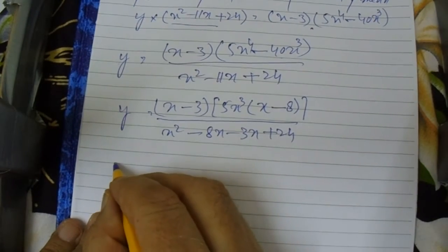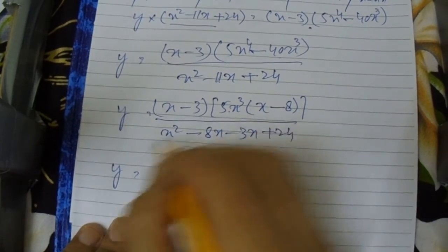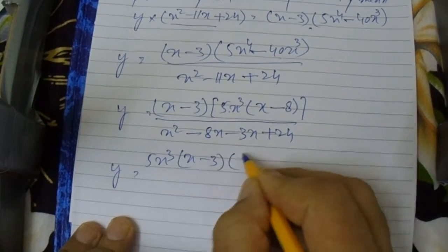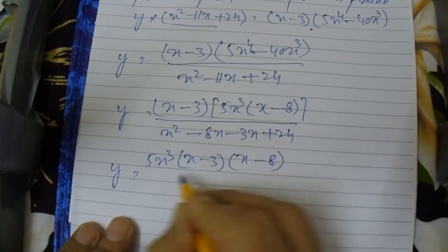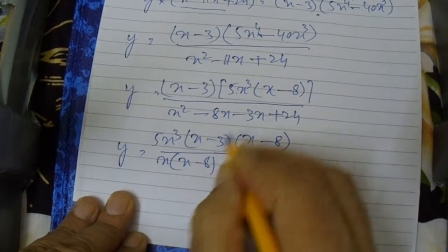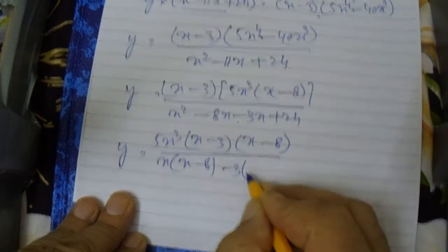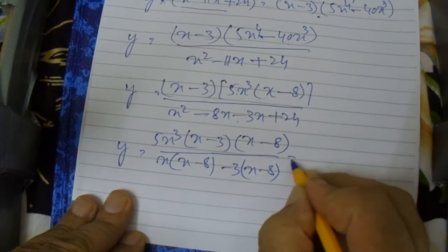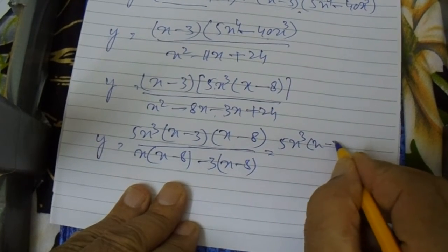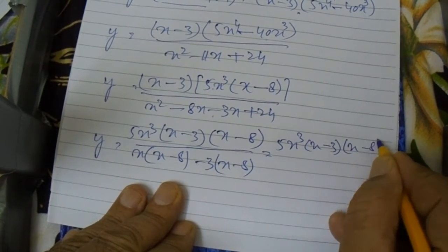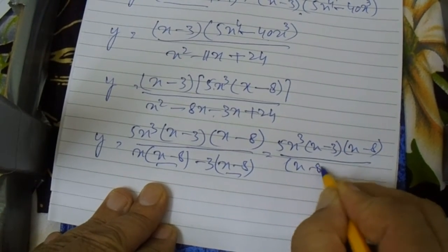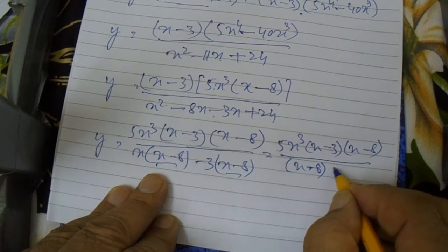Now again y is equal to, write 5x^3 in the front of this, 5x^3 into x minus 3 into x minus 8 and over, we take common x from this, x minus 8 and minus 3 common from this, or x minus 8 is equal to 5x^3 into x minus 3 into x minus 8 and over, we write this x minus 8 and x minus 3.